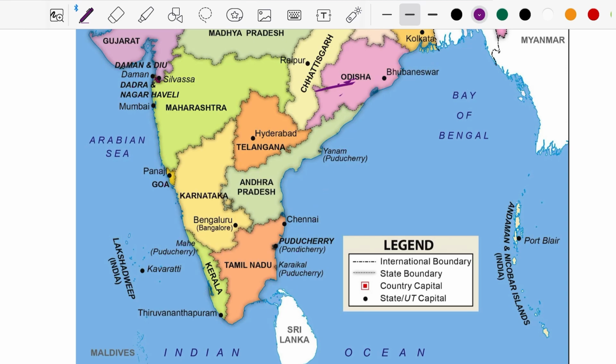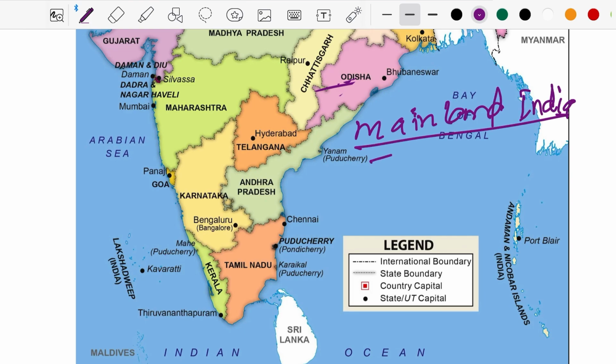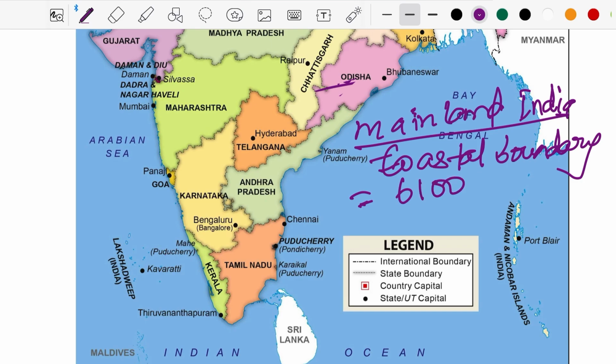Okay, so the mainland India has a coastal boundary of 6100 kilometers.